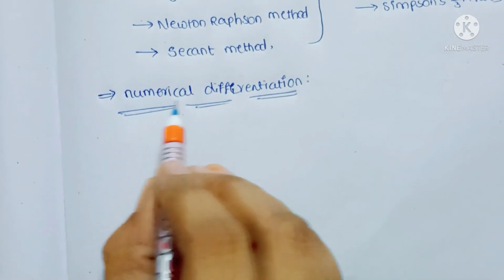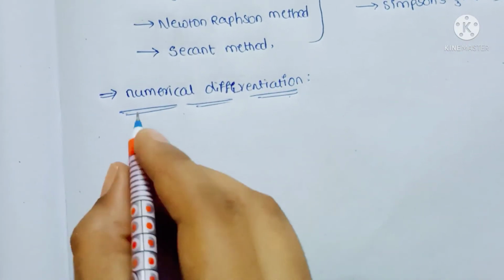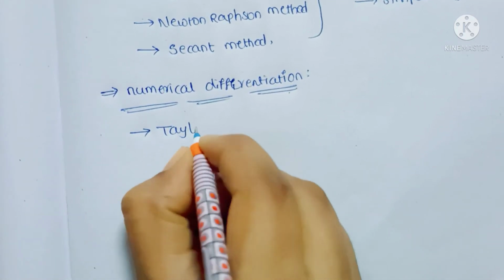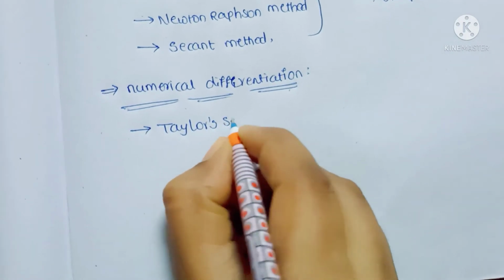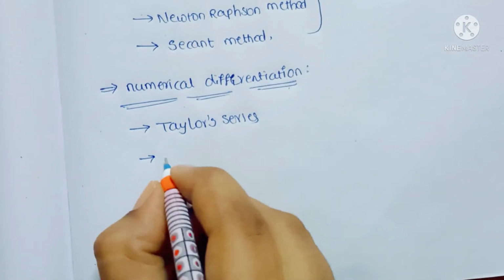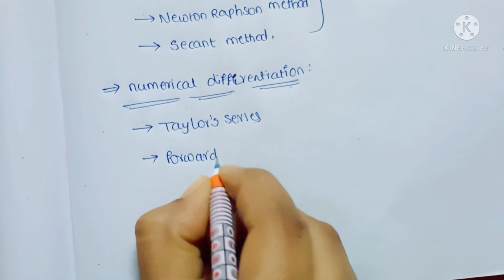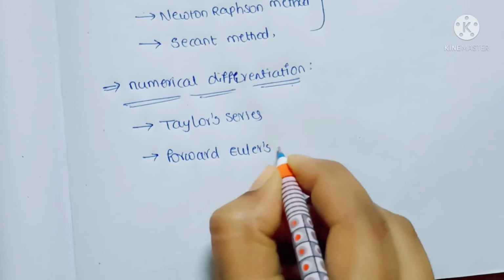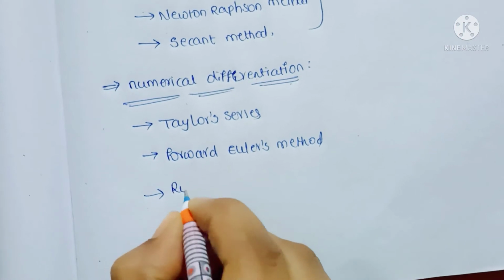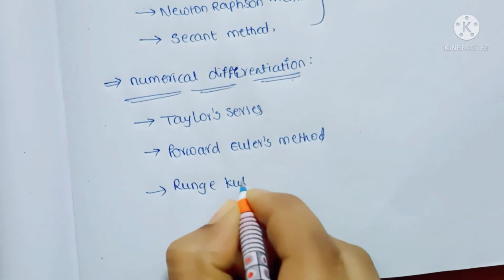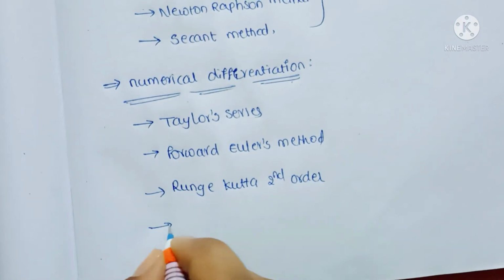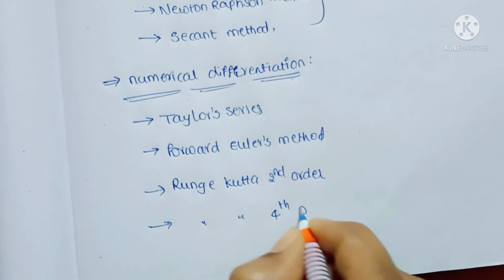For finding numerical differentiation, we are using four types of methods, which are the Taylor series, by using which we can find the solution for numerical differentiation, and also forward Euler's method, Runge-Kutta second order, and Runge-Kutta fourth order method.